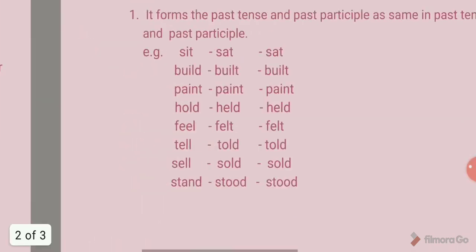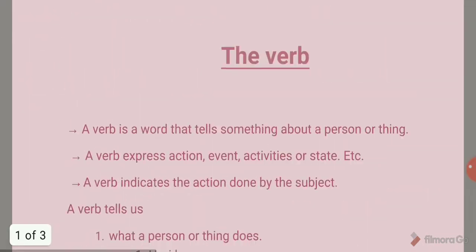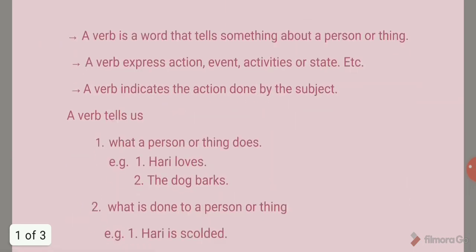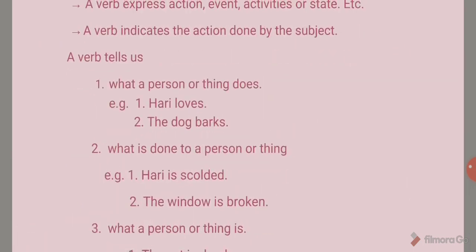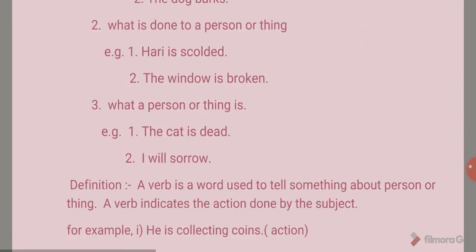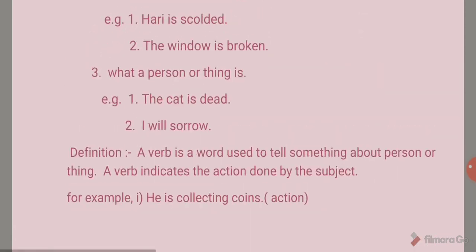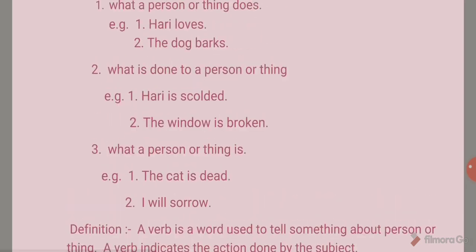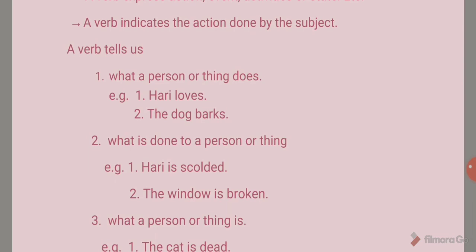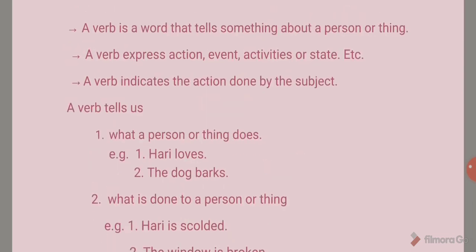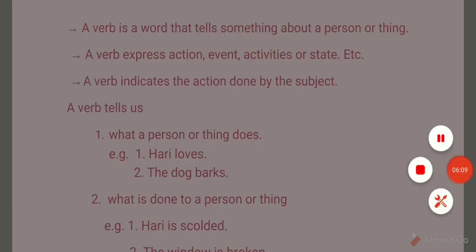So we can easily identify the regular verb and irregular verb. Irregular verbs are verbs which do not take ed while changing, and regular verbs are suffixed with ed while changing from the base form to past tense and past participle.